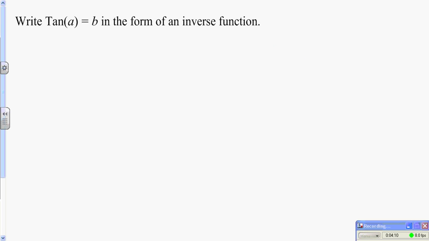Our last piece is to take a function, or an equation, tan A equals B, and write it in the form of an inverse function.